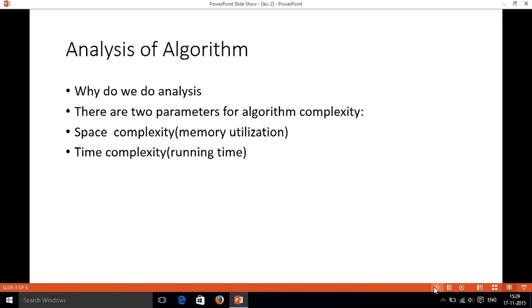So we have to now do the analysis of an algorithm. But why? Because by analyzing the algorithm, we see which algorithm is better for the given case. To understand this, let us consider an example that you want to go from city 1 to city 2. So you have to book the tickets.